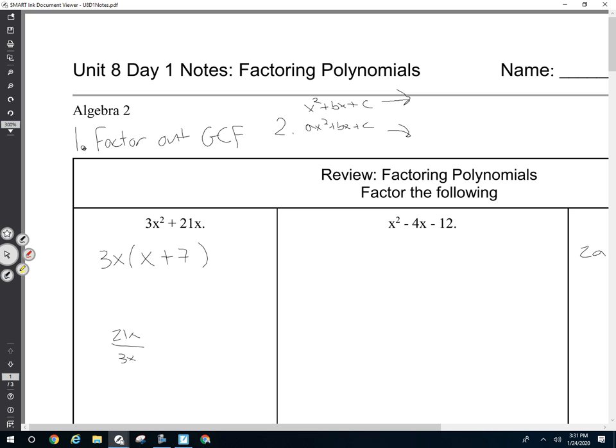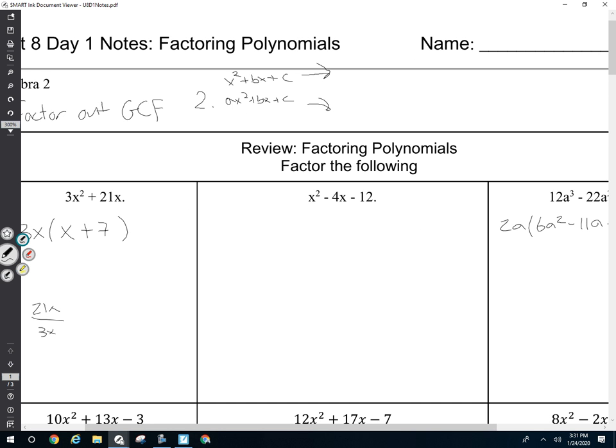How do we factor x squared minus 4x minus 12? We are looking for 2 numbers that multiply to get C and add to get B. Oh, and this is where you do like this thing? Yes.